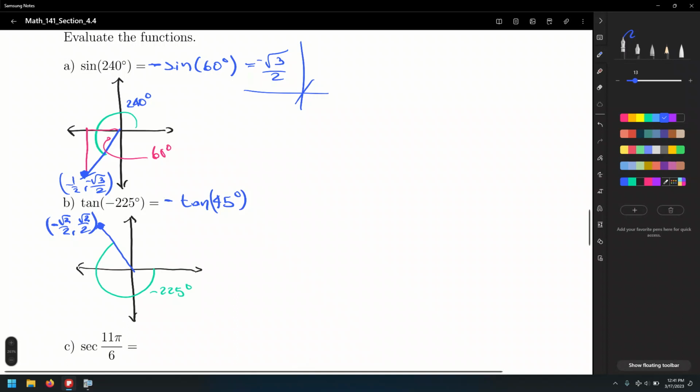All right? Well, tangent of 45 degrees is actually 1, but this is negative, so that's just negative 1.